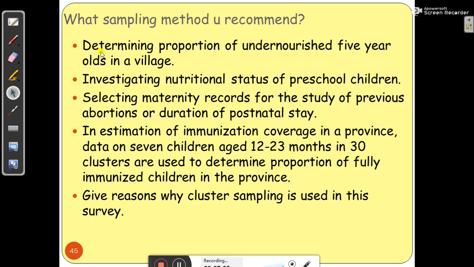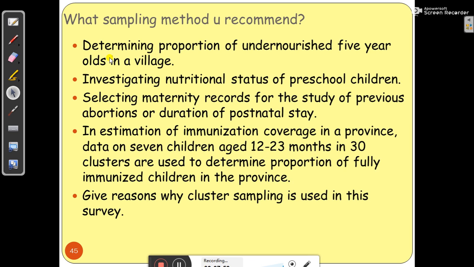After discussing all these sampling techniques, what sampling method do you recommend? Suppose you need to determine the proportion of undernourished 5-year-olds in a village.